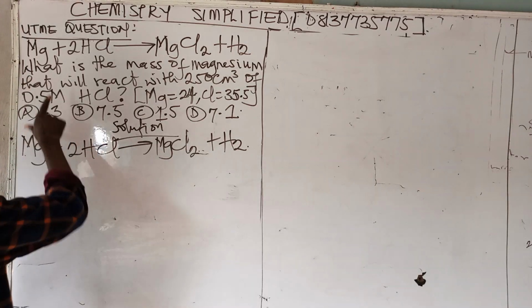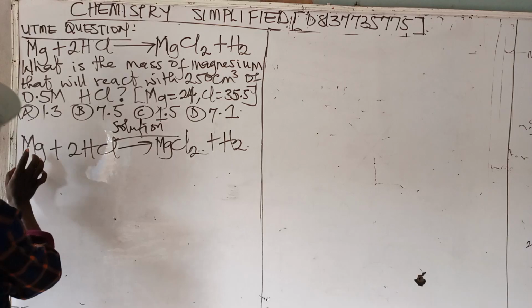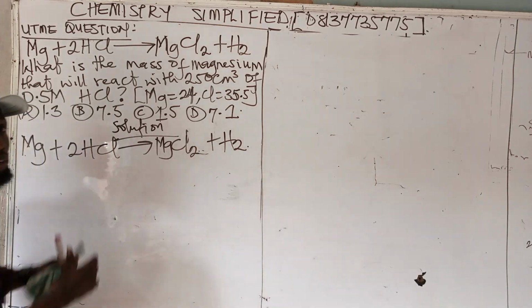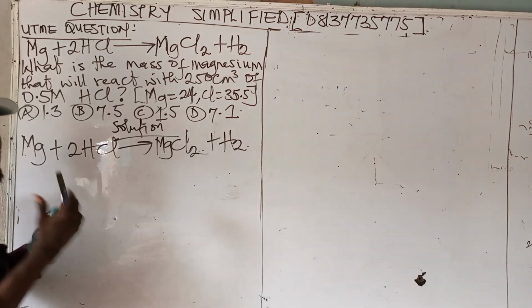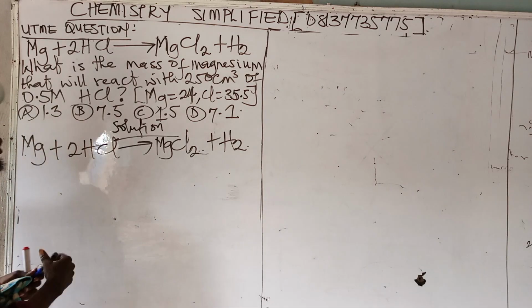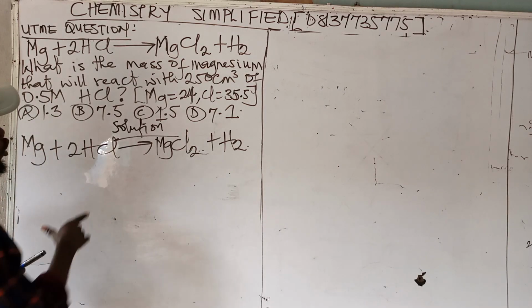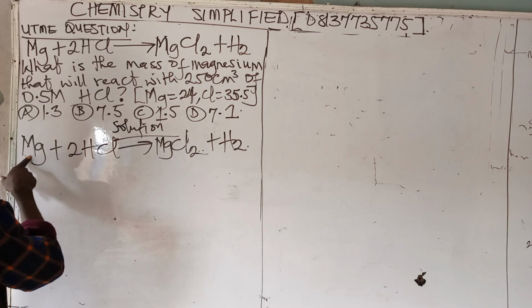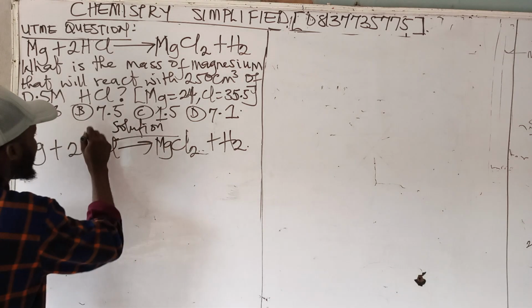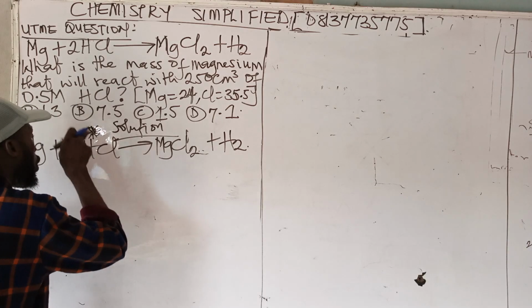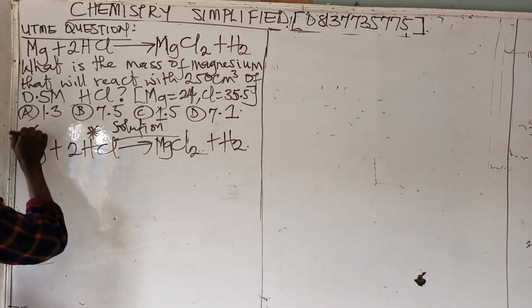Now, I told you that we may be given different species in equations, but questions are mostly on two species in stoichiometry. Now look at the question here. They said, what is the mass of magnesium that will react with 250 cm³ of 0.5 molar of what? Hydrogen chloride. So the question is only on hydrogen chloride and magnesium.